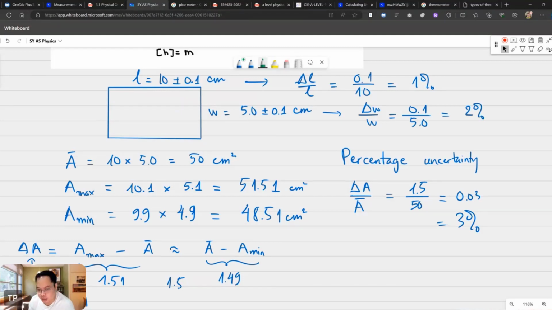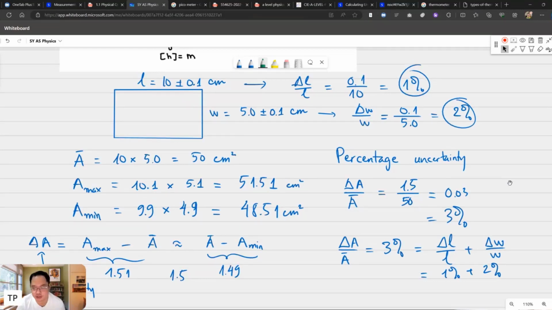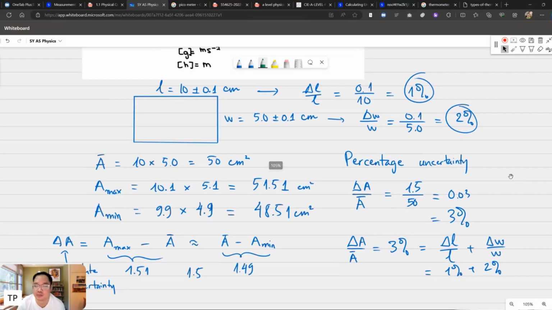So you see that the percentage uncertainty of the area, 3%, is the sum of 1% and 2%, the percentage uncertainty of the length plus the percentage uncertainty of the width. See? 1% here and 2% here.